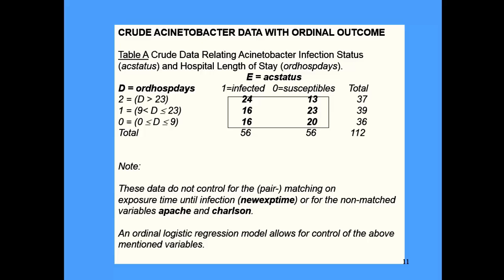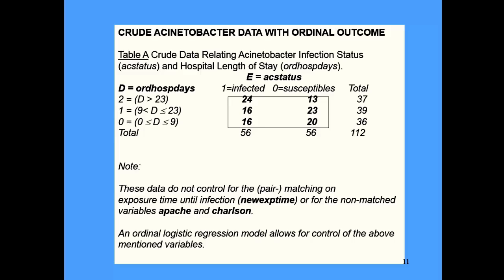There wasn't pair matching. In fact, matching was pooled into groups, into 8 groups. That allowed the analysis to avoid having to use a conditional maximum likelihood approach, which wasn't available for the ordinal logistic regression approach in proc logistic.